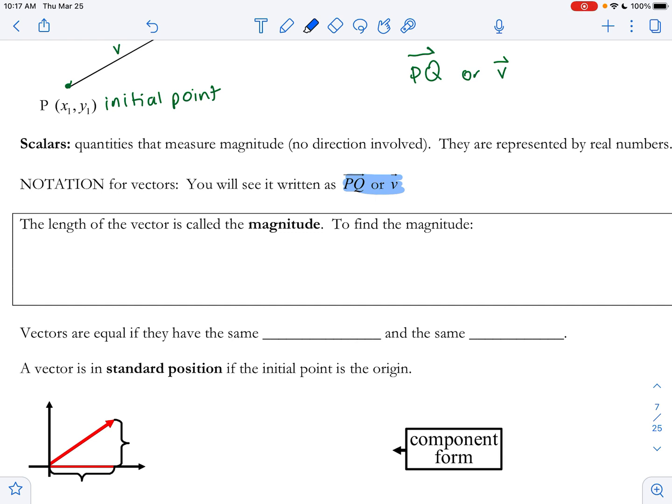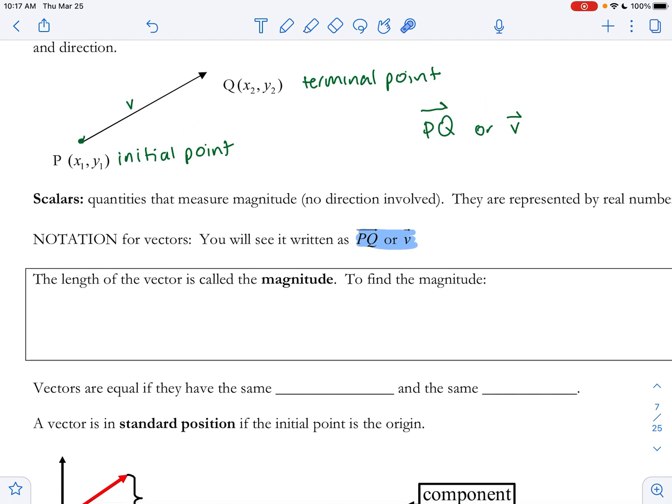One of the things you learned in geometry is how to find the magnitude, or the length, of a vector. When I'm looking at how to find the length of a line segment, think of what we did with arc length: we built a triangle from it and used the Pythagorean theorem. Where did the Pythagorean theorem lead us?